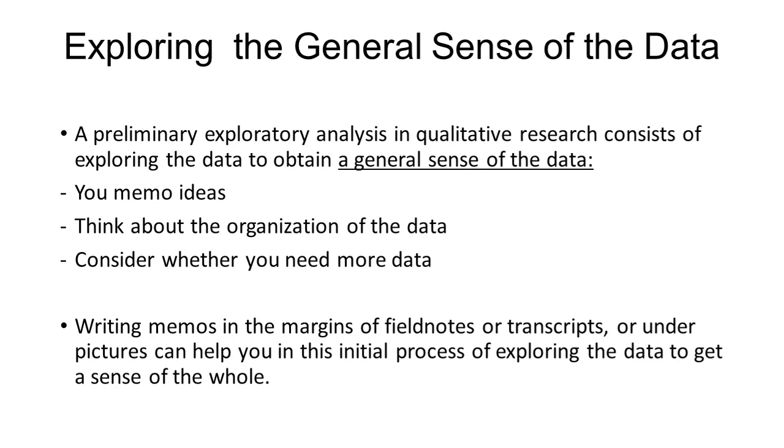So what do you do here? You memo the ideas, you think about the organization of the data, you consider whether you need more data or you can do with the data you have. Okay? So writing memos in the margins of field notes or transcripts or under pictures can help you in this initial process of exploring the data to get a sense of the whole. Okay? So this is the aim.